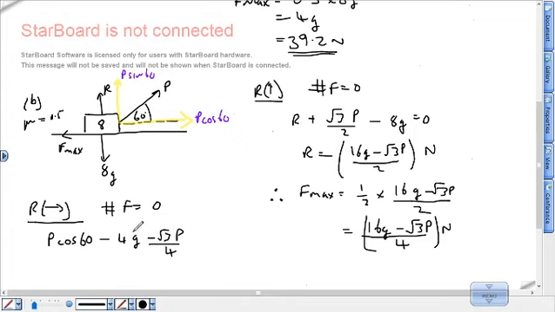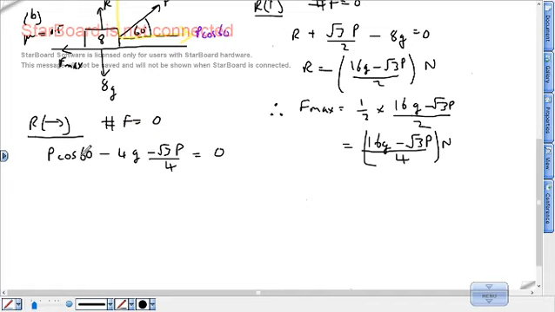Okay, so I'll just divide by 4 equals 0. Now I know cos 60 is a half, so I've got to put it over 2, and I'm going to get rid of these fractions by timesing through by 4. Okay, and it ends up with 2P minus 16G minus root 3.